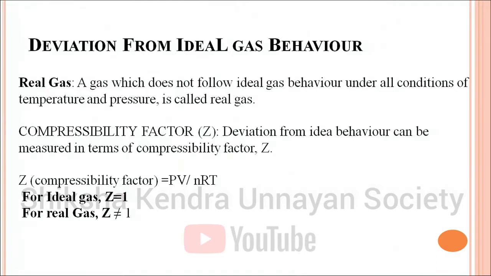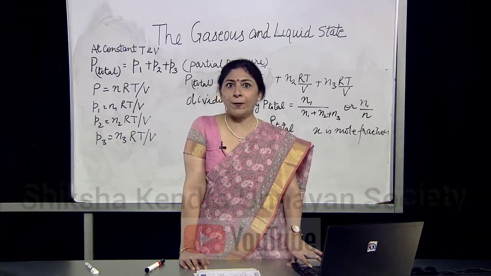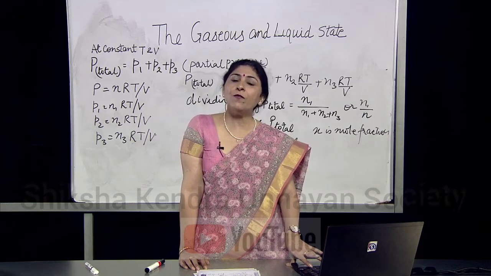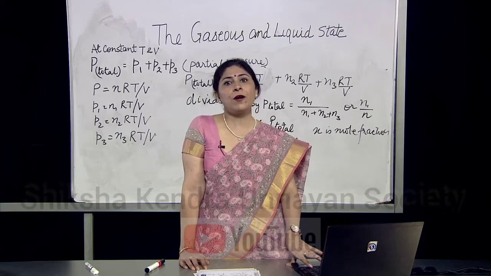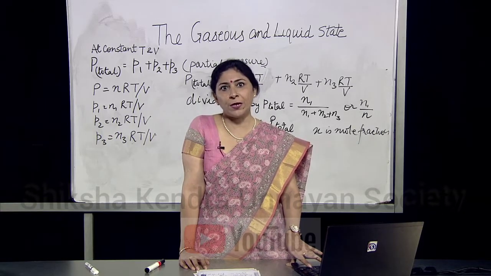So, we can get a straight graph, but real gases do not follow the ideal gas behavior and they do not show the value equal to 1. Thus, the straight line is obtained for the ideal gas when the V versus pressure graph is plotted, but for the real gases, different curves are obtained.